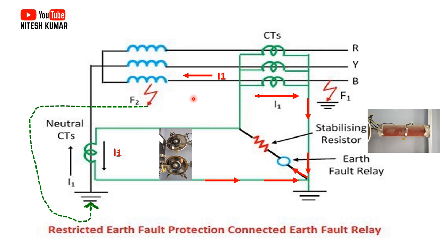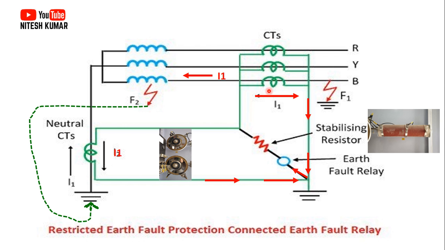Just consider there is a fault inside the restricted area. Restricted area in the sense that here this CT works like a boundary. Suppose you purchase a piece of land and you build a boundary to protect that land, that area.